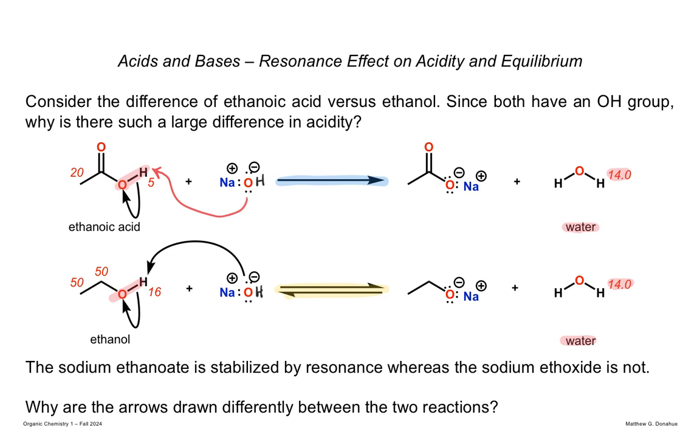The reason we can claim that is the difference in pKa values for each reaction. So 14 minus 5, that's 10 to the 9th. 14 minus 16, if we use just the absolute value.